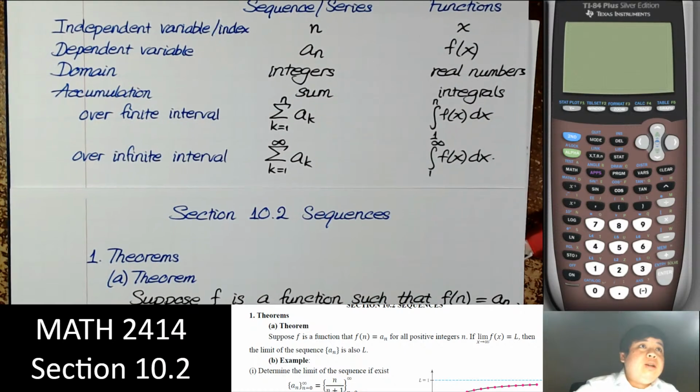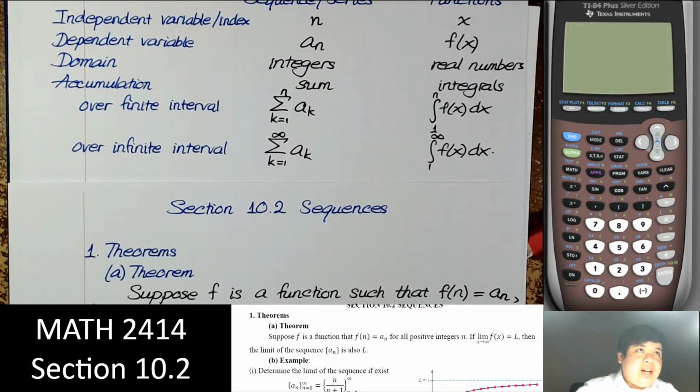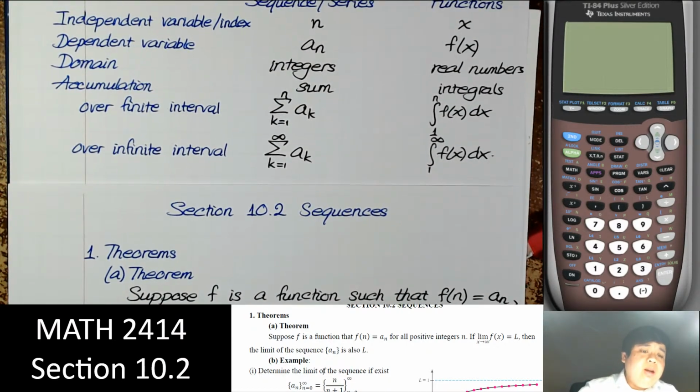Right. So what it says is that a sequence is a function. If the function goes to a limit, then the sequence also goes to that limit.